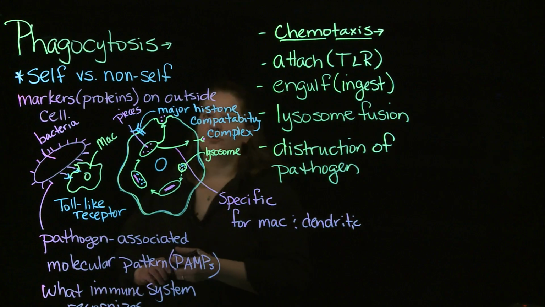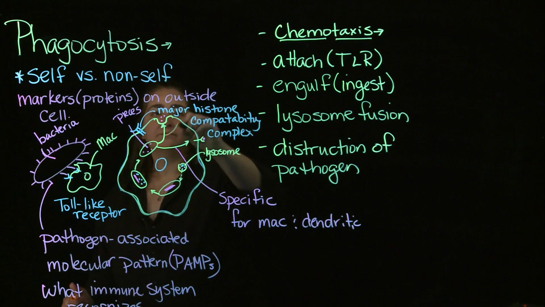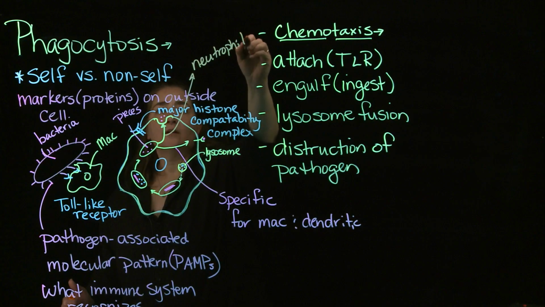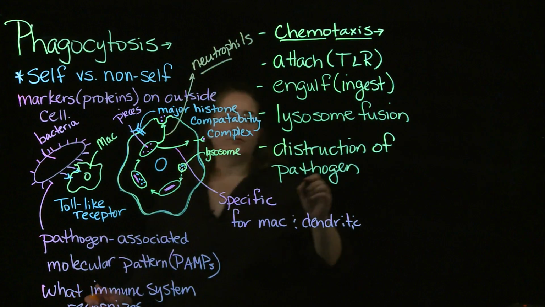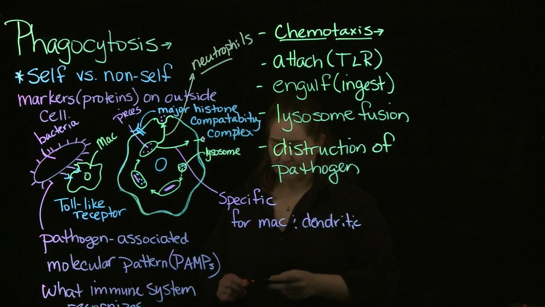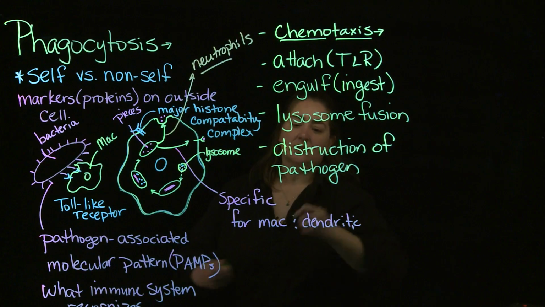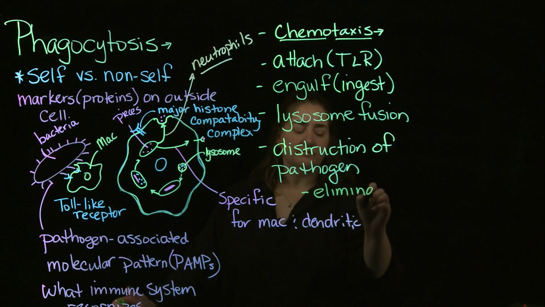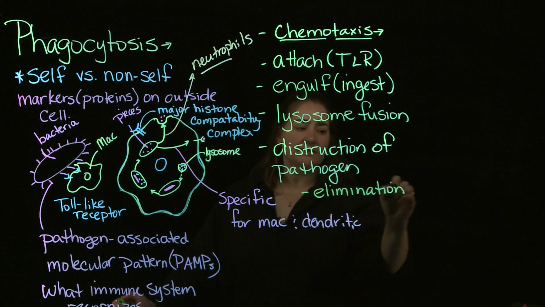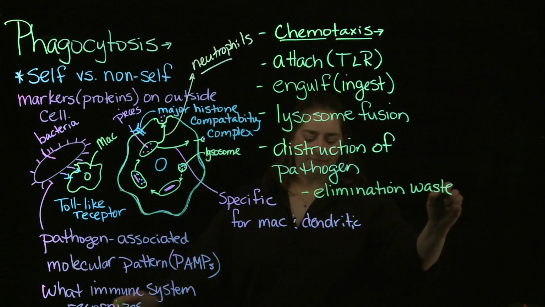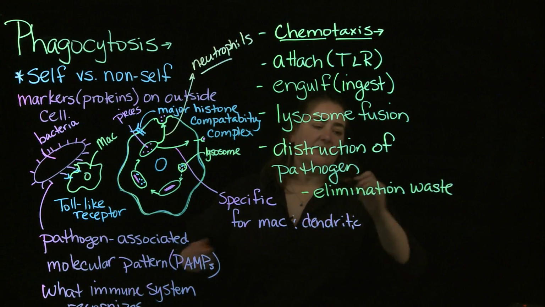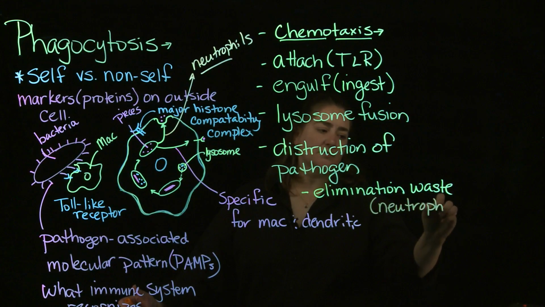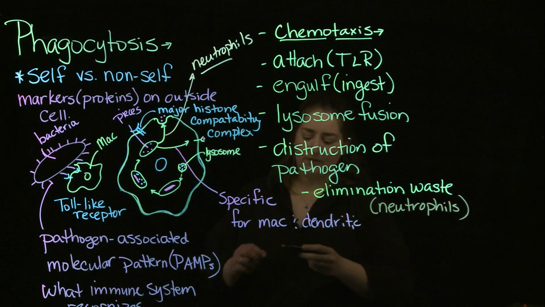Okay? Your neutrophils are always going to go the route of eliminating the waste. Okay? So in terms of that, the last step there, elimination of waste. That's primarily going to be the neutrophils that are going to take that pathway.